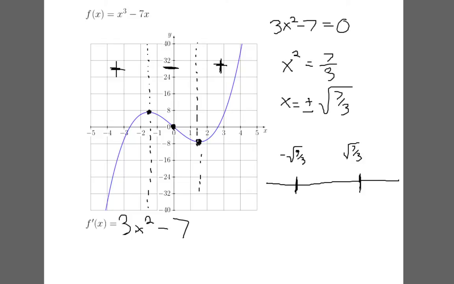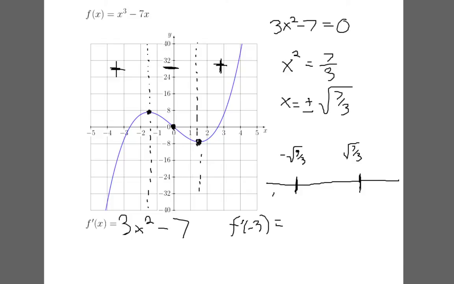All right, so if we didn't have this graph, we would have to do this visualization to see when the slope is positive and when it's negative. So any point less than negative root 7 over 3, let's just choose, for example, negative 3. We plug that into our derivative, f prime of negative 3.